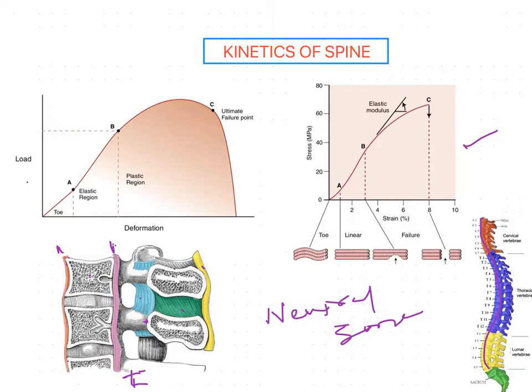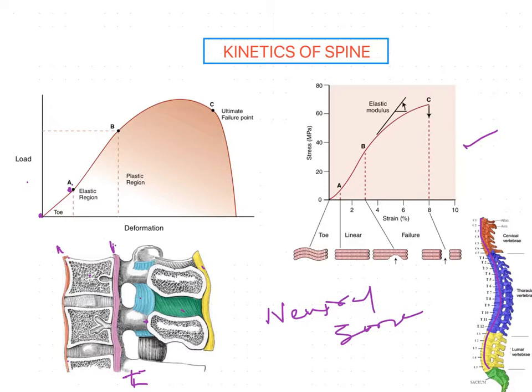Here in this load deformation curve you can find this. This is the starting point, and from O to A is called the neutral zone, that is the toe region. The toe region is considered as the neutral zone.